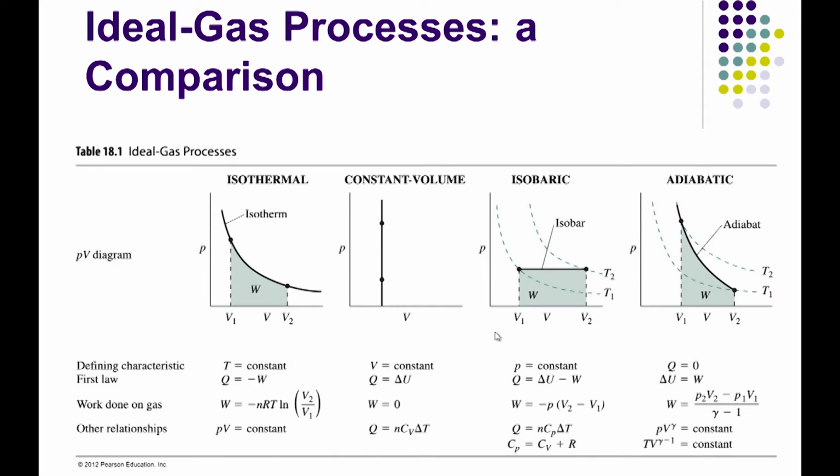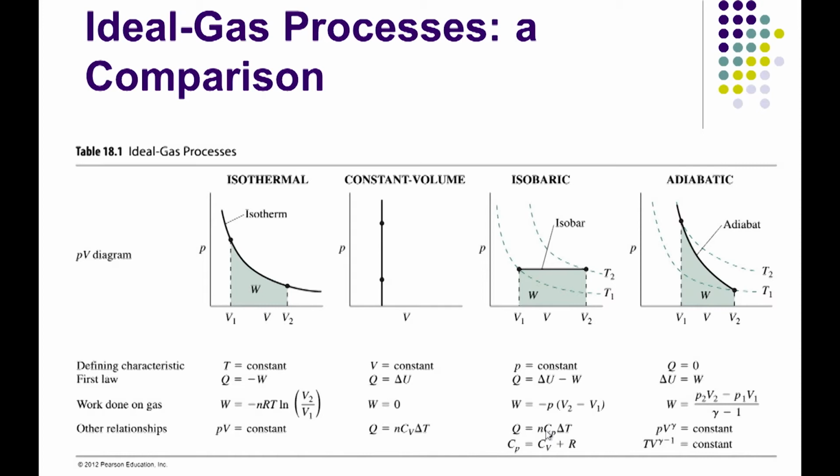In the same process of expansion, the work done under that constant pressure, which could be a piston providing an equal amount of pressure as the volume of the gas changes, delta U, Q and W are related by Q is equal to delta U minus W, and W we know from earlier experiments is equal to pressure multiplied by the change in volume, V2 minus V1, and Q is given by n Cp delta T, because Cp is the constant pressure specific heat.